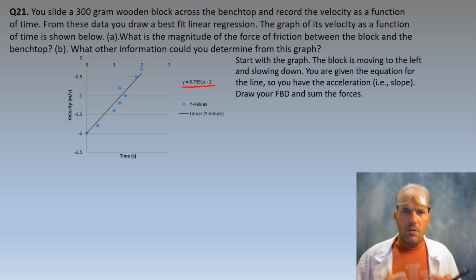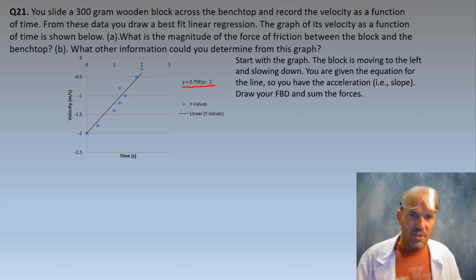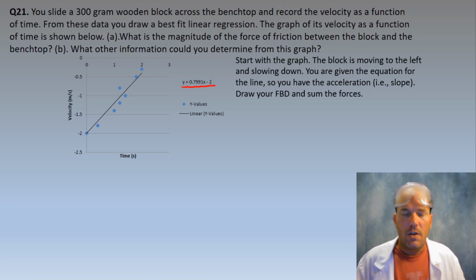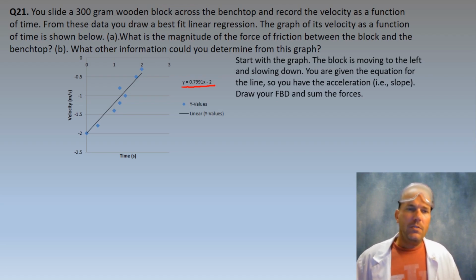Well, if we are in quadrant 4 on a velocity time graph, beneath the positive x-axis, this object is moving backwards, moving to the left, whatever you're calling backwards. We also know over time this object is slowing.